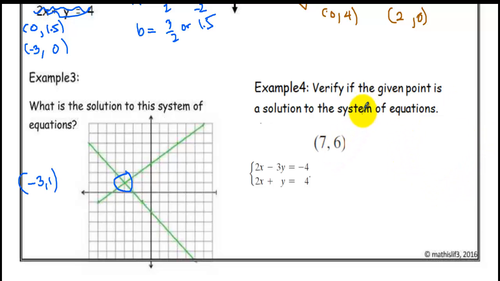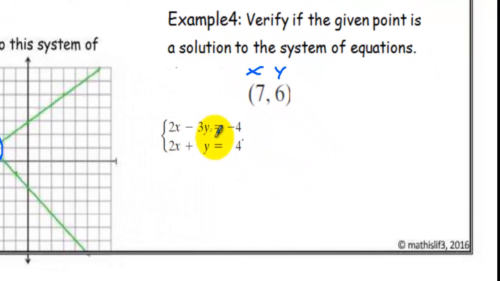Last example, verify if the given point is a solution to the system of equations. So our x here is 7, our y is equal to 6. We just have to plug in our x and y. For the first equation, we have 2 times x, which is 7, minus 3y, which is 6.